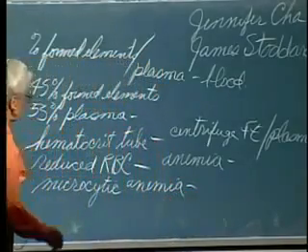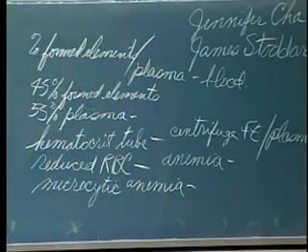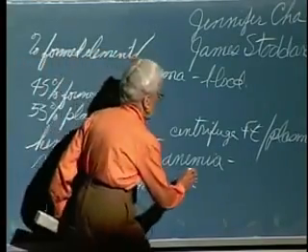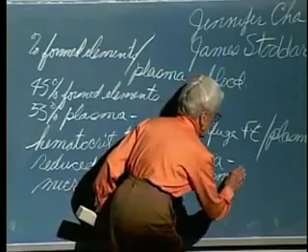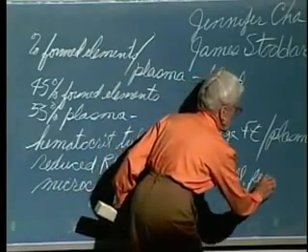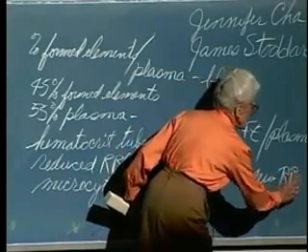So what are you going to see? What's the name tell you? What's micro? Little. What's cytic? Cell. So you have small RBCs, and in this case you have few RBCs.